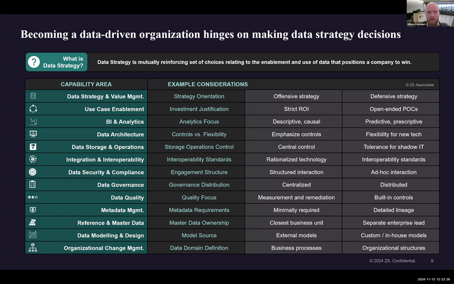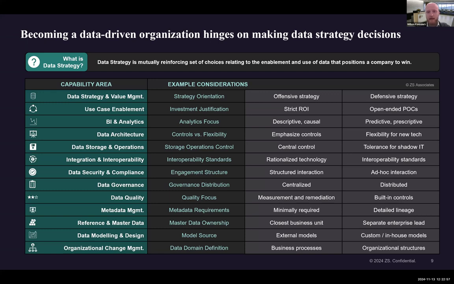So the first one around data strategy itself, like the highest level strategy, the most common choice you have is: are you going to formulate a strategy that's very offensive, or is it one that's going to be very defensive, right? Offensive is all about the data that you have, maximally making it available to the business, the data scientists, the analysts that are out there that need this data, versus defensive strategy that focuses more on control.